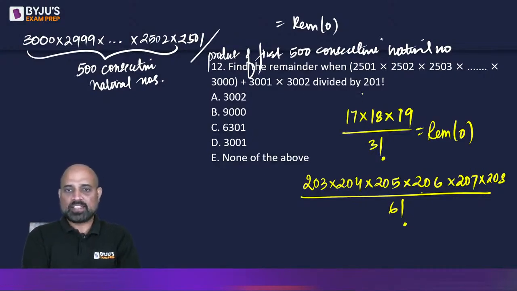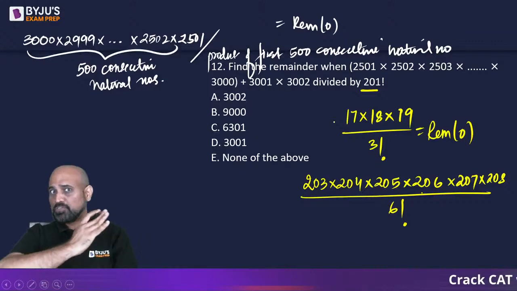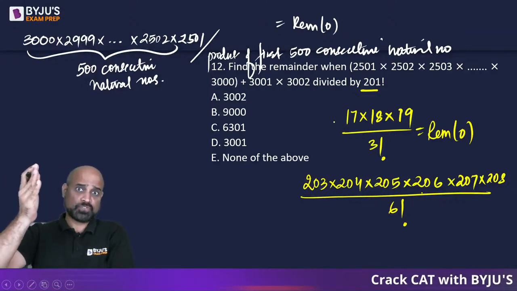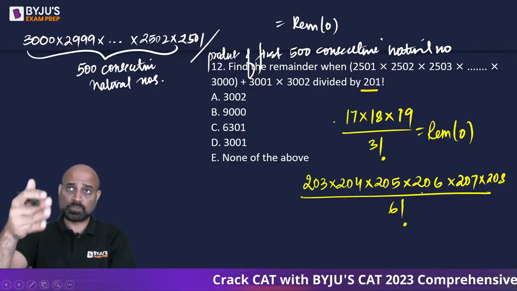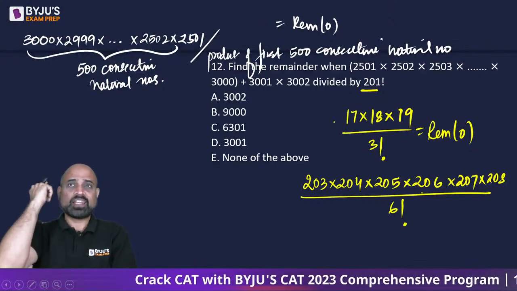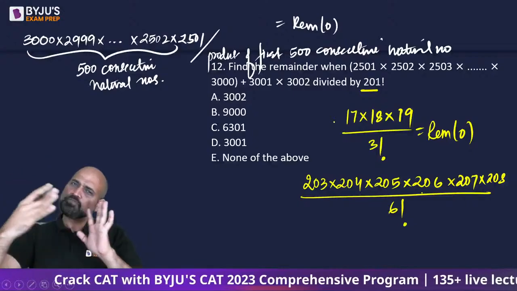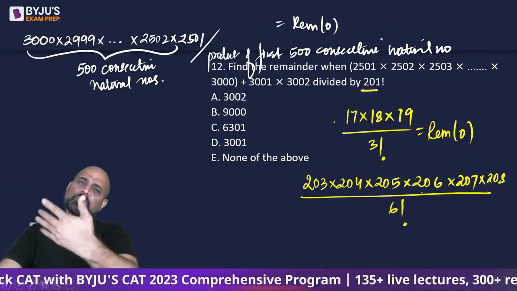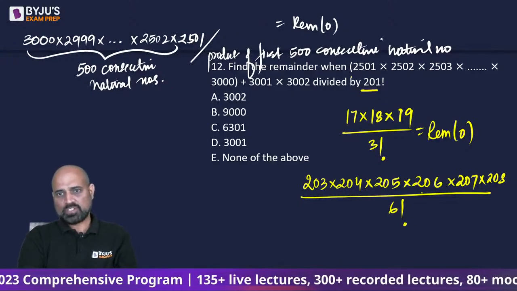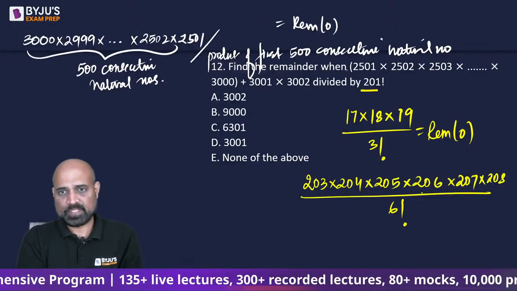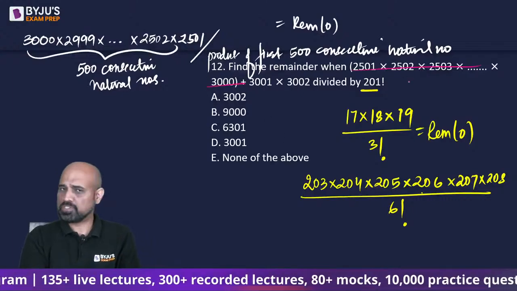If we look at the divisor, the product of 201 consecutive numbers, 201 factorial is 1 into 2 into 3 up to 201, then as long as the numerator is a product of 201 consecutive numbers or more, it would always result in 0 as the remainder. So this bracket component, ये तो आपको 0 देने वाला है remainder.